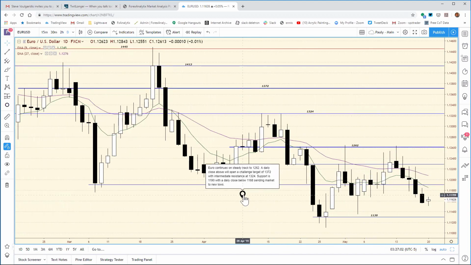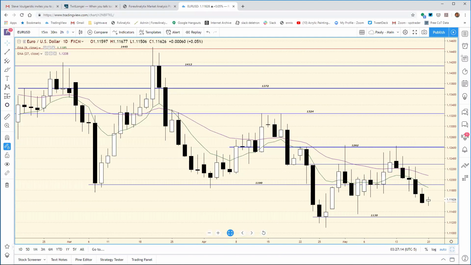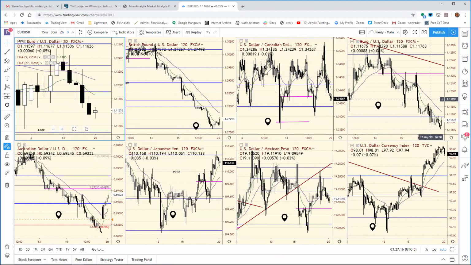And the basic analysis I would put on here, the euro continues on a steady track to 1.1262, the daily close. That was the old one, so let's remove that one. I thought we'd already put that one on there.